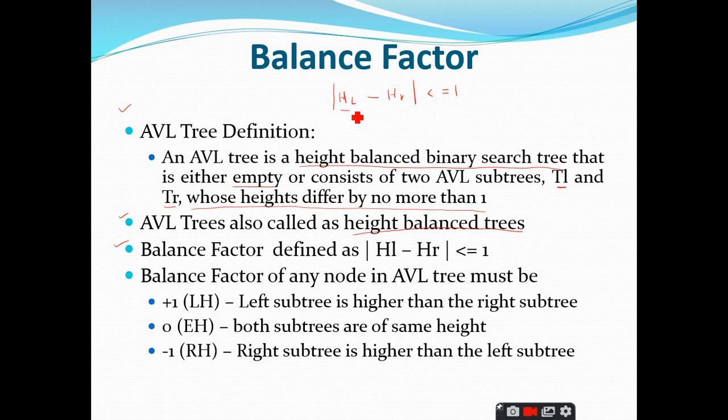So you should consider the height of the left subtree and the height of the right subtree, and subtract the height of the right subtree from the height of the left subtree. Thereby you will get one value, and that value should be less than or equal to 1.